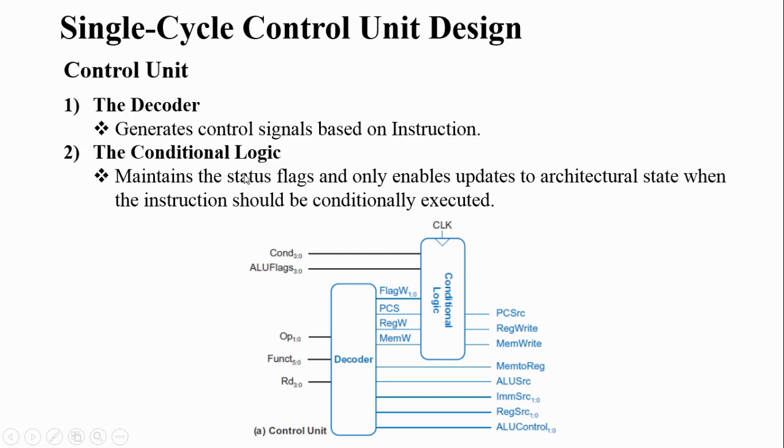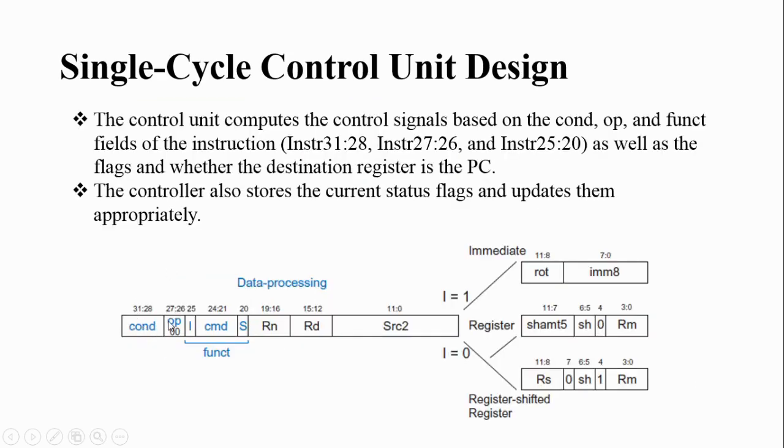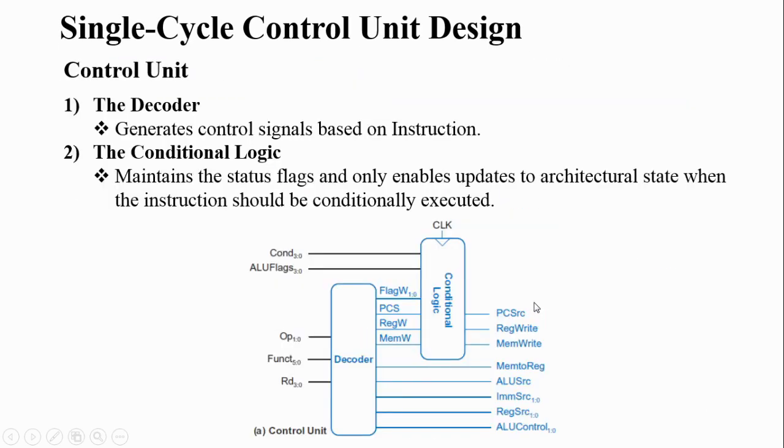What does the condition logic do? It maintains the status flags and only updates the architectural state whenever the instruction is to be executed. So based on the conditional instruction, the conditional logic will change the architectural state of your processor.